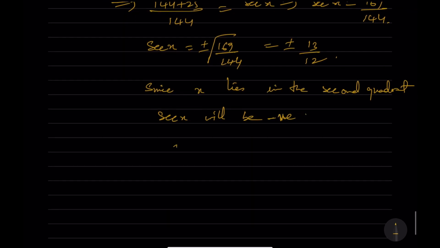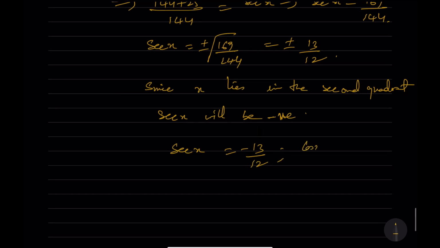So therefore secant x is equal to minus 13 by 12. From this we can find out what is cos x. Cos x is equal to 1 by secant x, which is equal to 1 by minus 13 by 12, which is equal to minus 12 by 13.